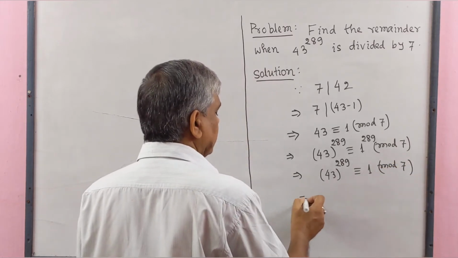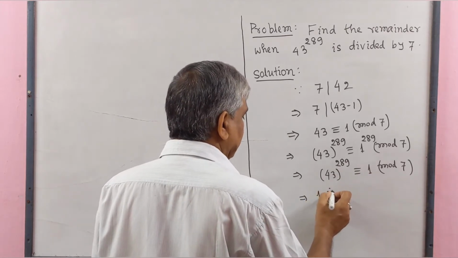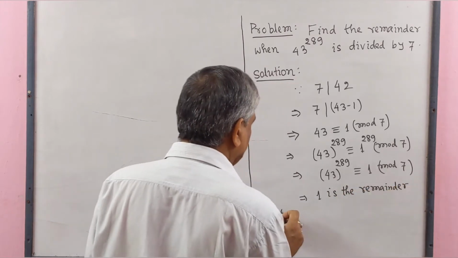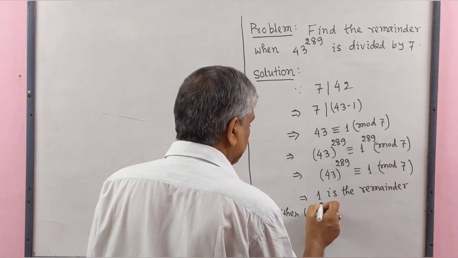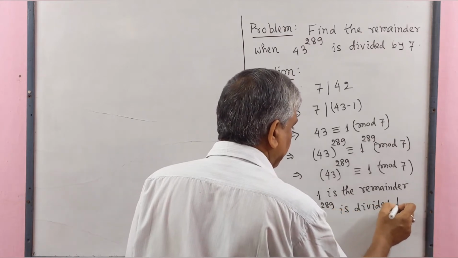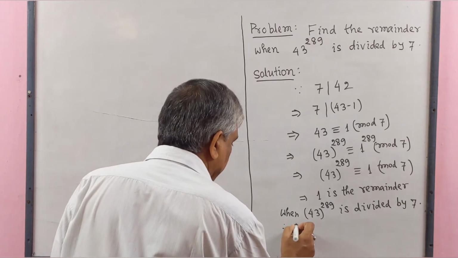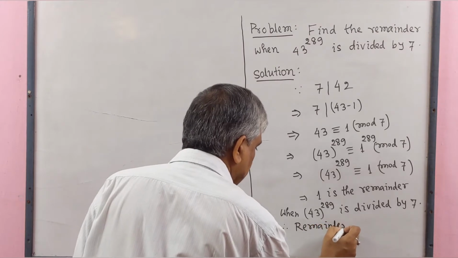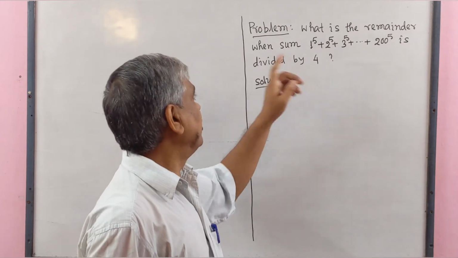This means 1 is the remainder when 43 to the power 289 is divided by 7. Therefore, remainder equal to 1.